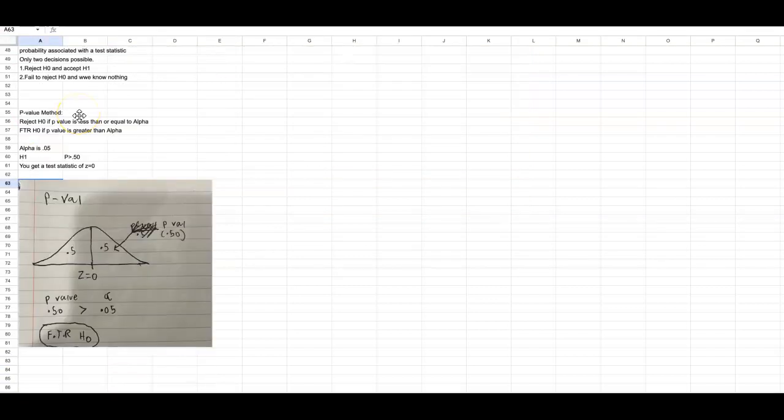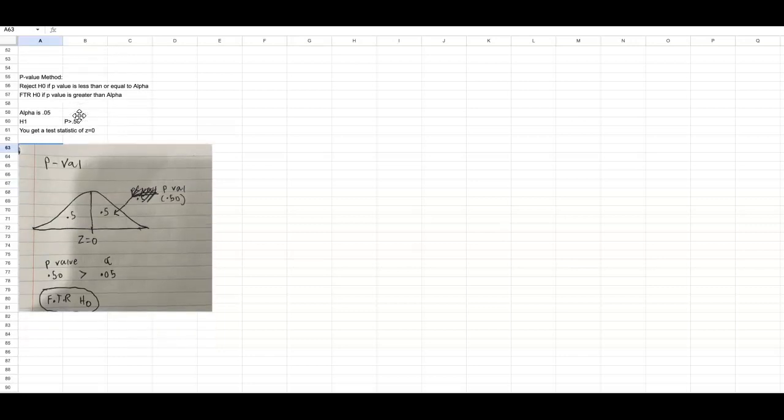For the p-value method, we have two possible decisions. Reject the null if the p-value is less than or equal to alpha. Fail to reject null if p-value is greater than alpha. Alpha is 0.05. H1 is greater than 0.5.